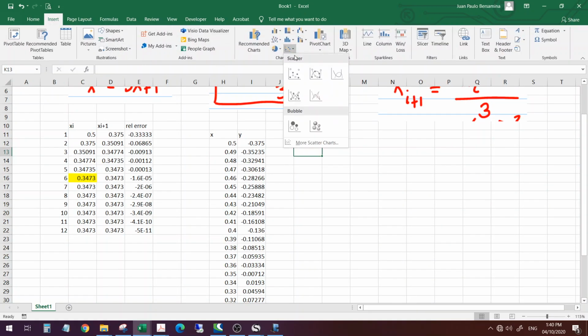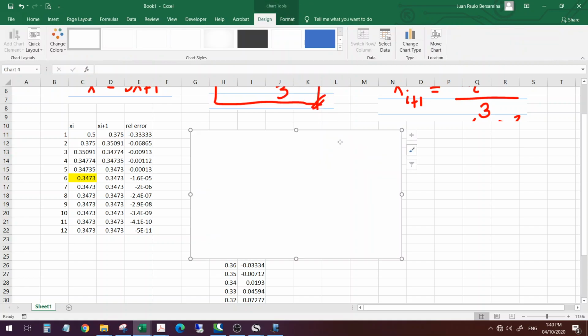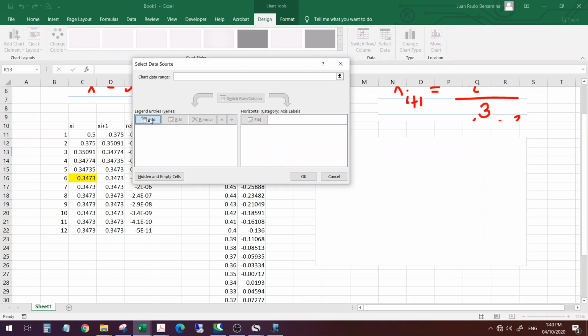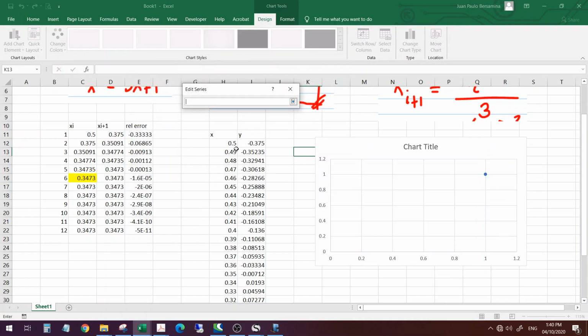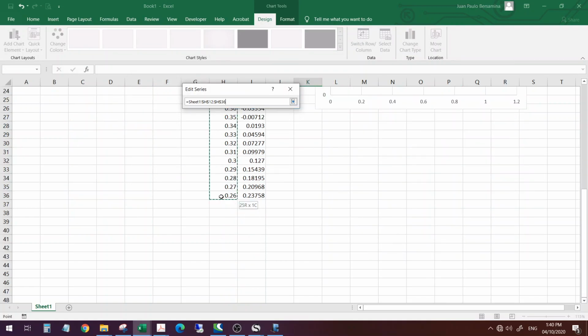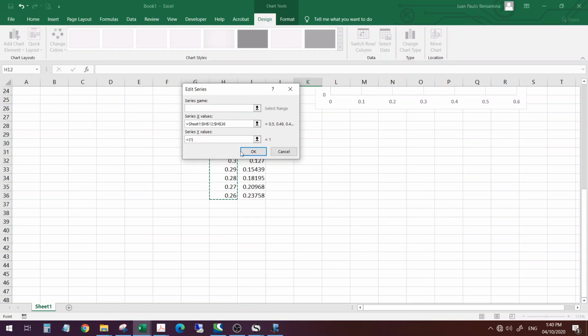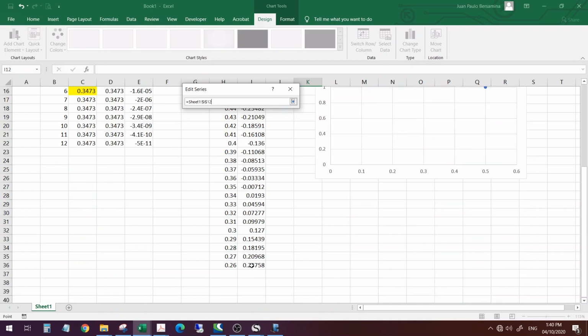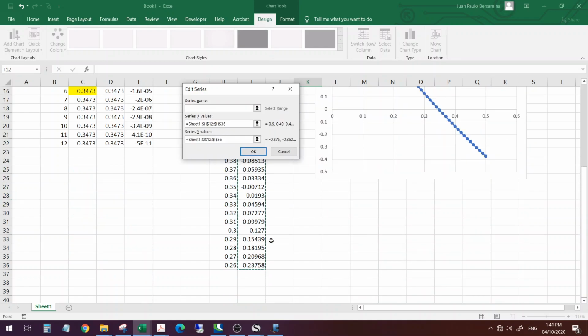Insert chart. Select data. So our x is this, and then our y is this. Enter. Then OK.